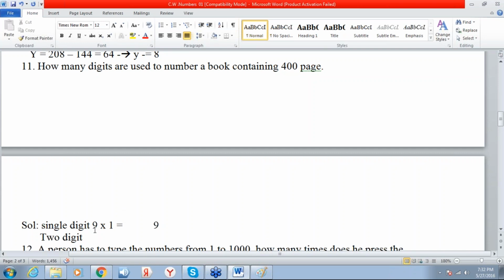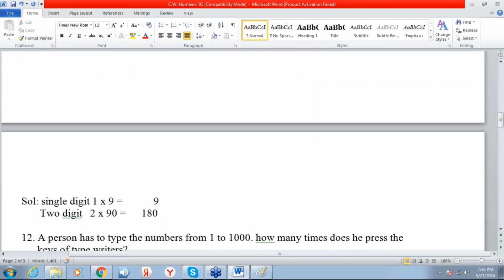Make a small change here: 10 to 99. 99 is the highest value of a two digit number. So 99 minus 9 is 90. To not get confused, take the difference of the highest values. 2 into 90 is 180.